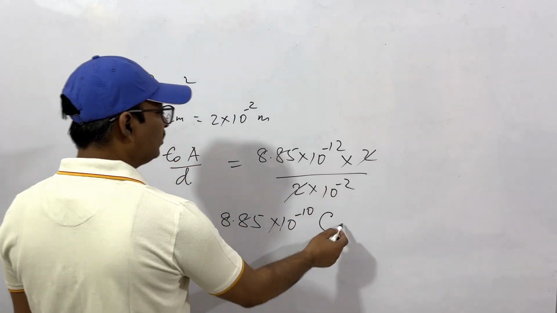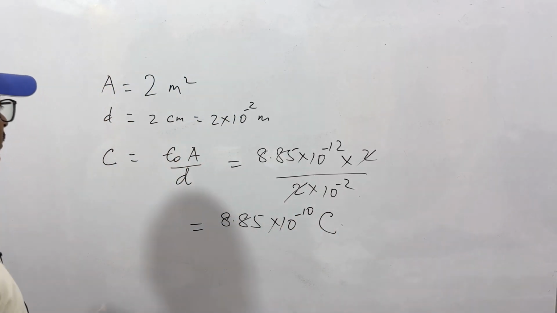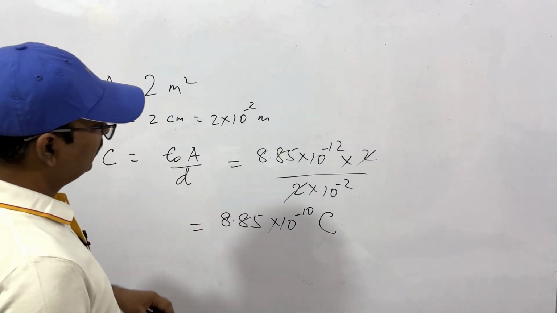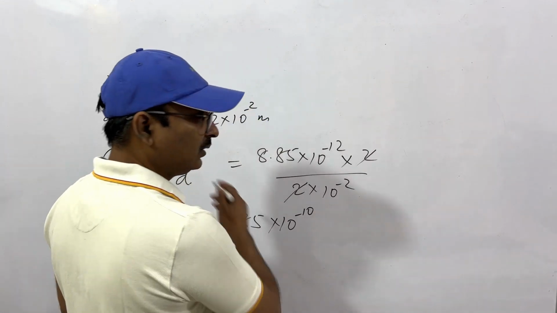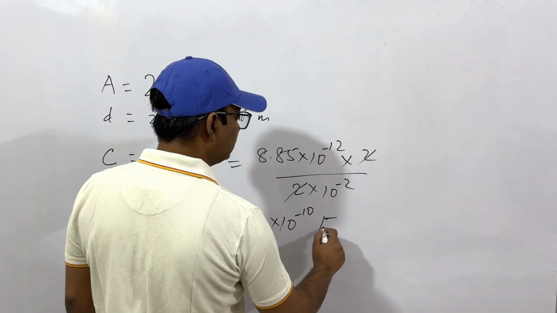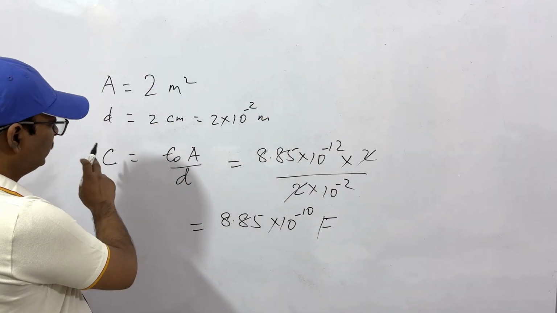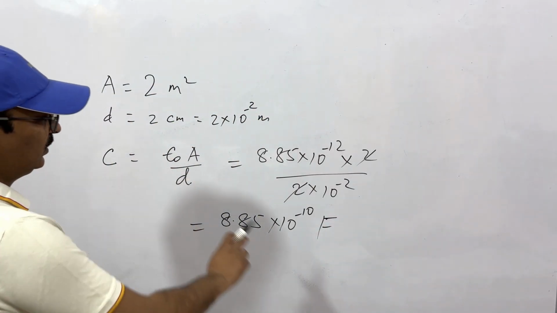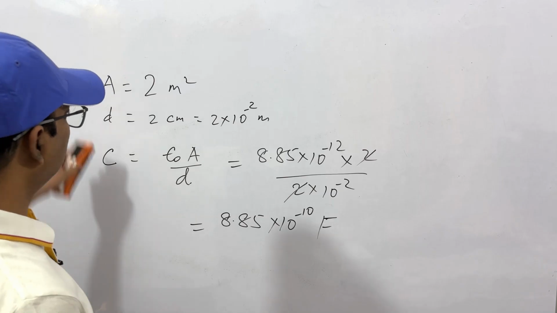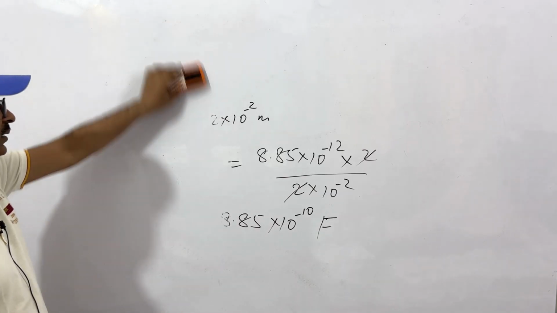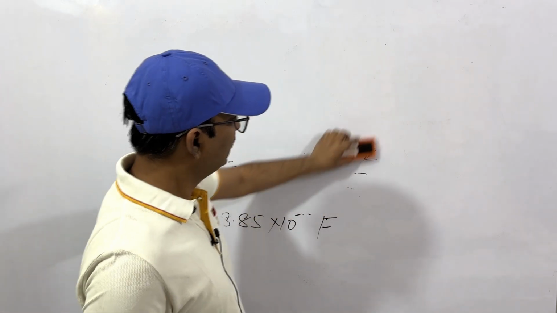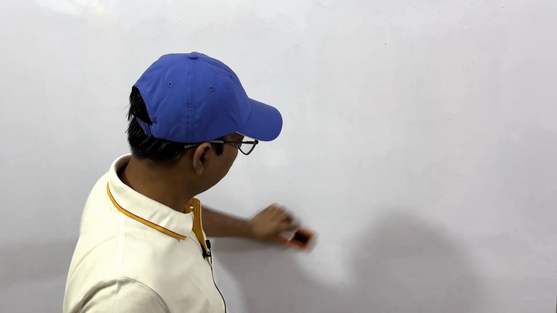The unit of capacitance is Farad. You can also write it in picofarads. Okay, so this is 8.85 into 10 to the power minus 10. So very simple. It will get complex when we start exploring different types of capacitors. We will see it later on.